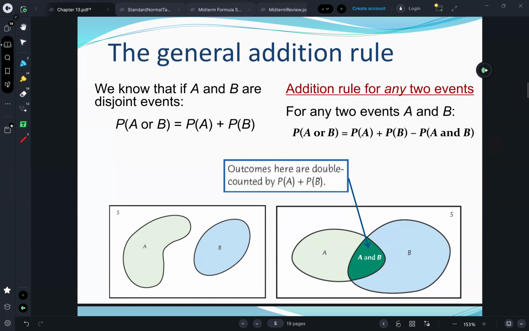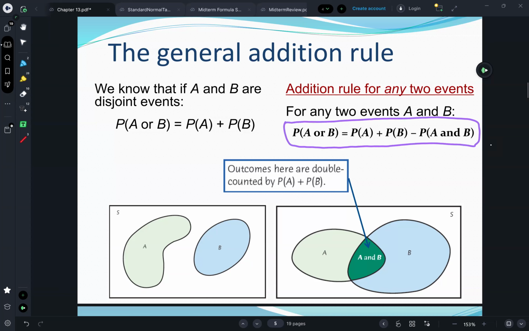So we take all of A, the probability of A, and then the probability of B, and then we have to subtract the overlap, which is the probability of A and B. So that's the addition rule.